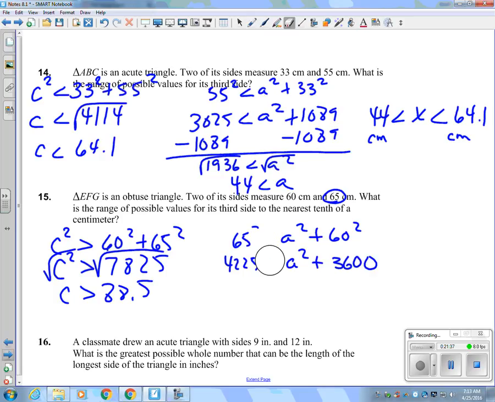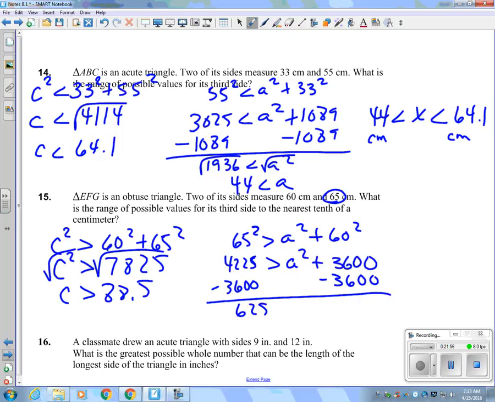Whoops, I keep writing equal to marks. Keep forgetting I'm not doing equal to. I'm supposed to be doing greater than. So take away the 3600. Square root it. And that tells me that I get 25.